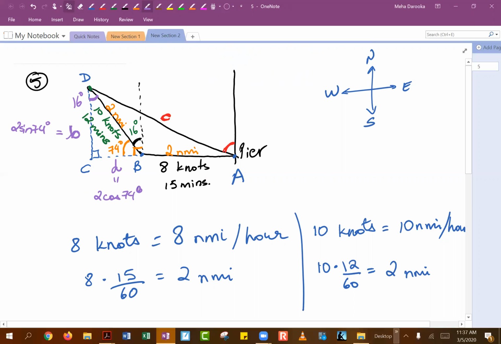All right, so at this point, are we ready for what we're actually trying to find? We've got our distance between C and D. This distance would be what? The AC.